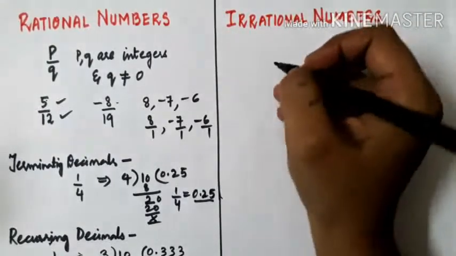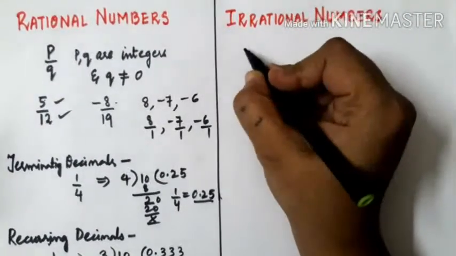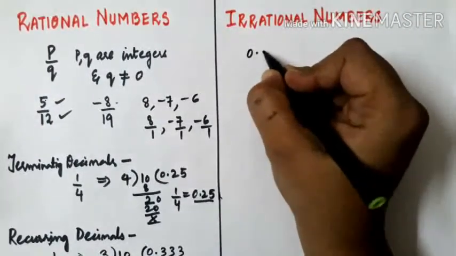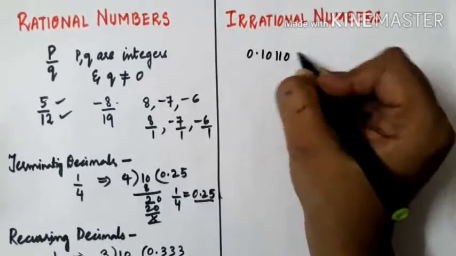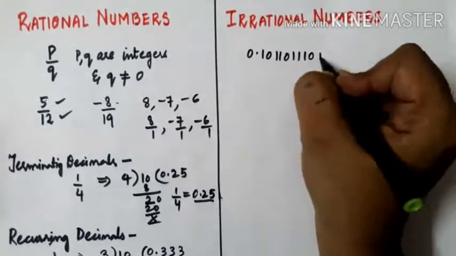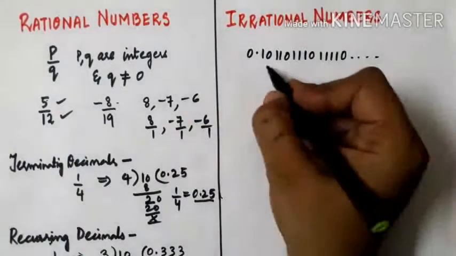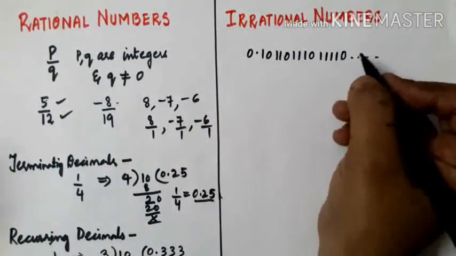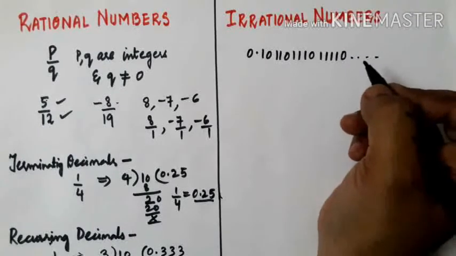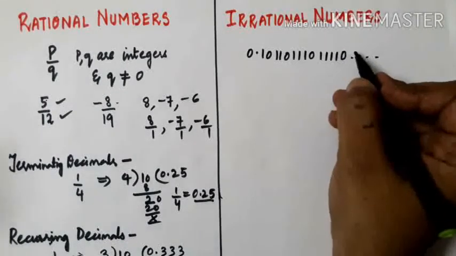Suppose I have one example, 0.10110111 0 and so on, with 1110 and so on. This decimal number I call irrational. Why is it irrational? Because it doesn't end.